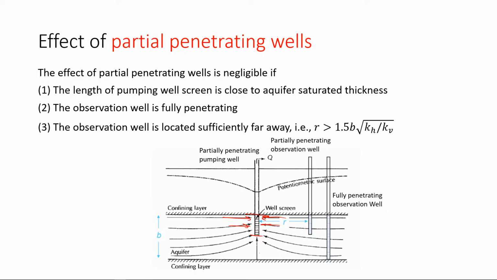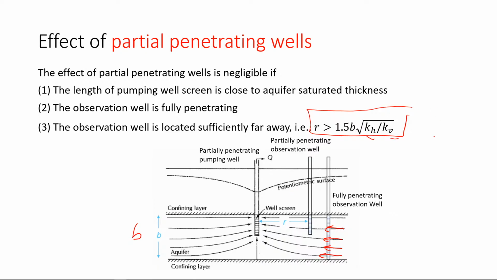Or the observation well is fully penetrating, so it's all horizontal flow. Or your observation well is located sufficiently far away. So r, the distance here, should be larger than 1 over B times the square root of the horizontal hydraulic conductivity versus vertical hydraulic conductivity.